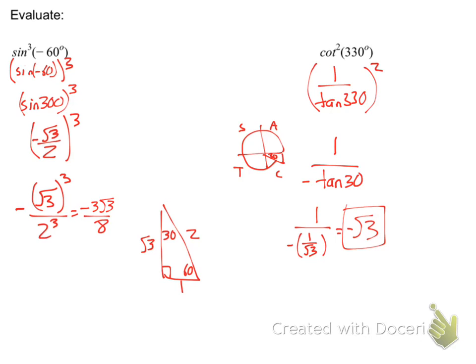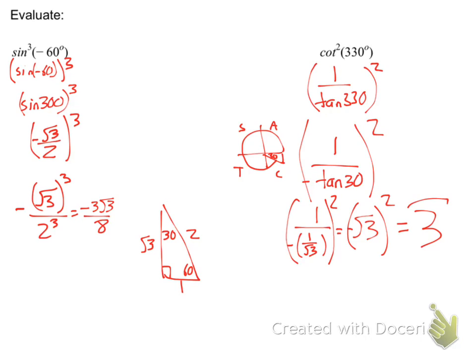Uh-oh, I forgot to bring the square along. When you square a negative, it becomes positive, and square root of 3 squared is 3. So that would simplify down to just 3.